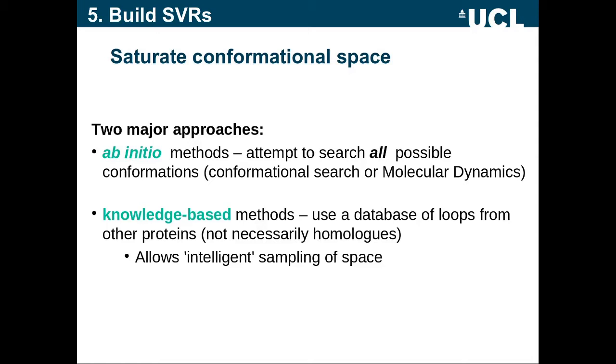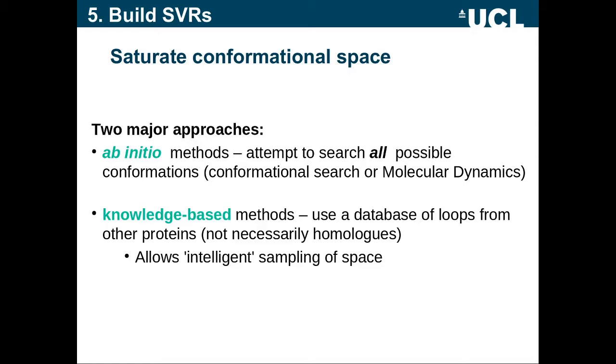The second approach is known as the knowledge-based approach, and that uses a database of loops from other proteins, not necessarily homologs in general, and of course for the case of antibodies, not necessarily antibodies. Now this, in principle at least, allows a more intelligent sampling of space, because we know that the conformations that we're looking at have been observed in other proteins.